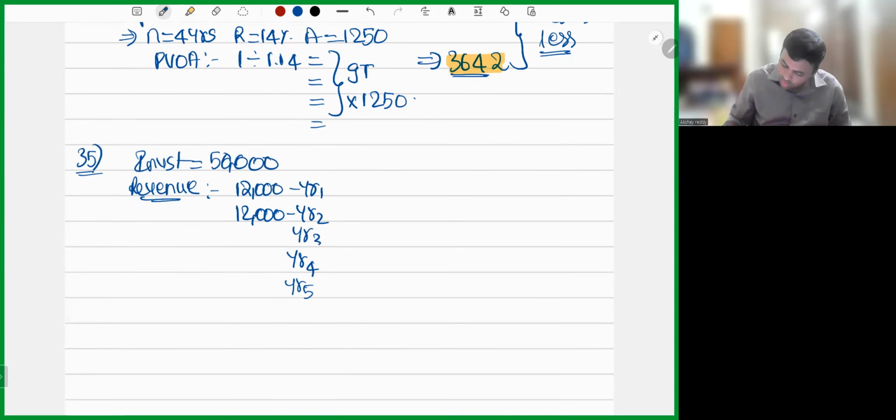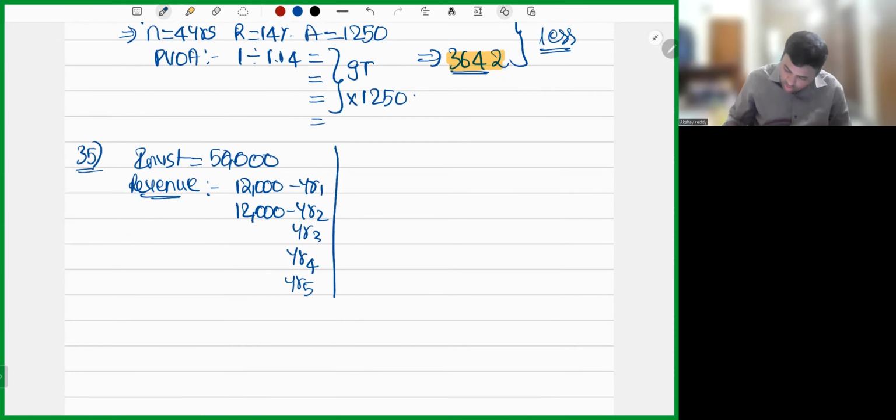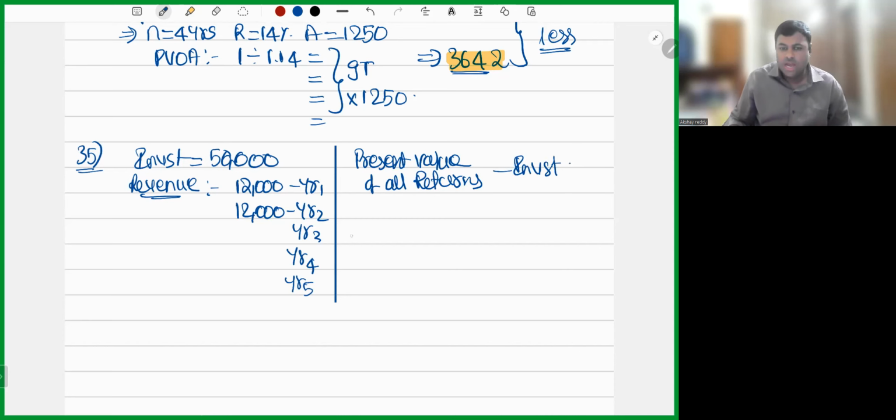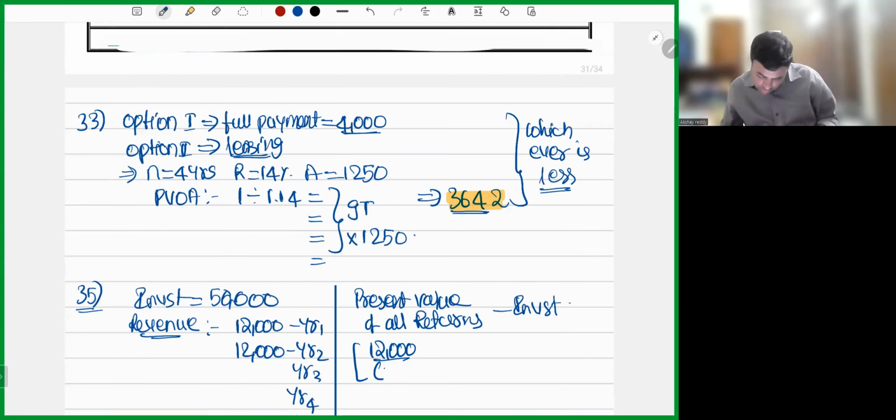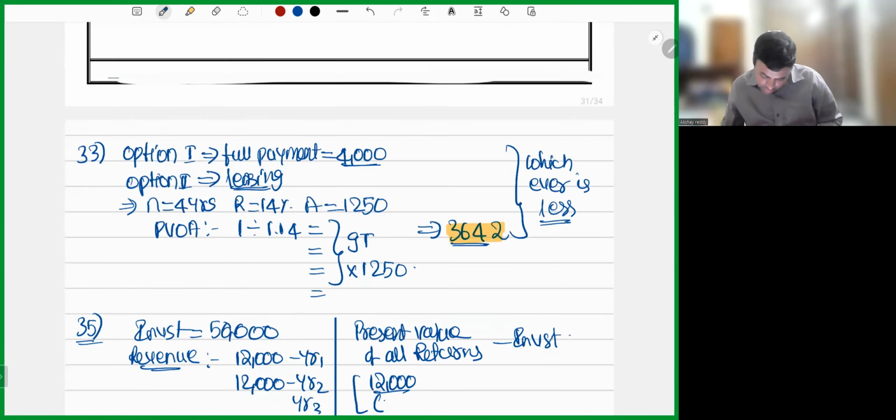I hope you remember, my dear friends, how we will compute NPV? Yes, sir, we remember. We will do the present value of all returns minus investment. Either you can use the calculator trick that I taught you in NPV, or you can solve it normally. 12,000 divided by, what is the rate of interest? 10%.